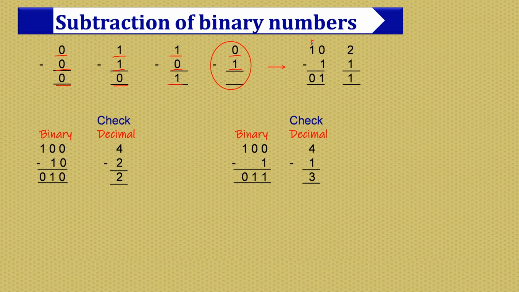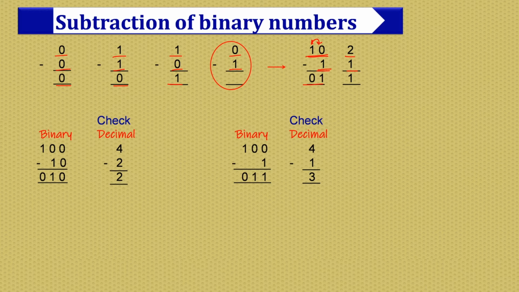You can see we have a 1 here, so we can take that 1 over, and what it becomes is 1, 0. So 1, 0 minus 1 gives us 0, 1, which is 1. Now, the equivalent of 1, 0 in decimal is 2, and then 1 is 1. You realize that 2 minus 1 gives us 1. So that validates our answer.